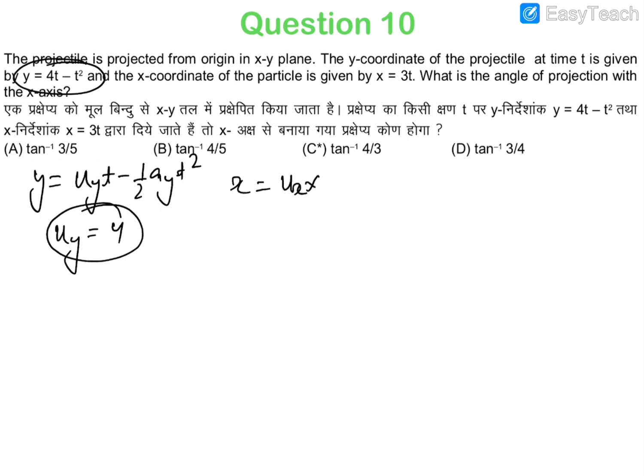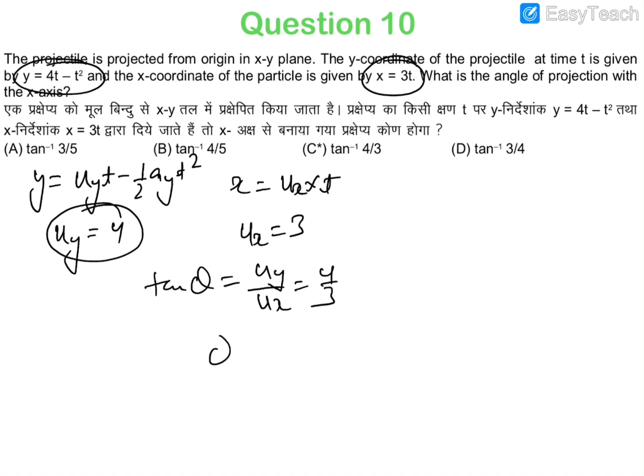And if you compare this with this equation, then ux is 3. So the angle of projection with the x-axis is tan theta, and tan theta would be uy by ux. So it is 4 by 3, so theta would be equal to 53 degrees. So the correct answer is C, tan inverse 4 by 3. Now we move on to the next question.